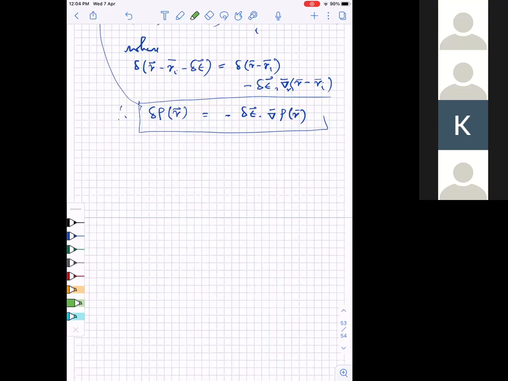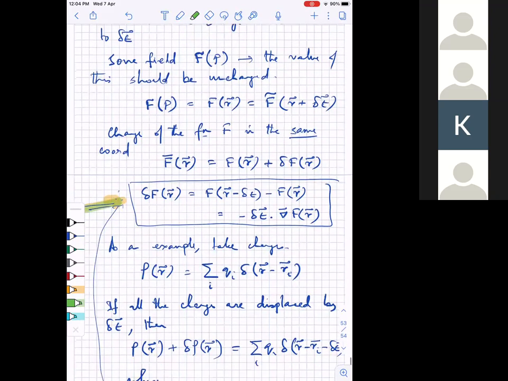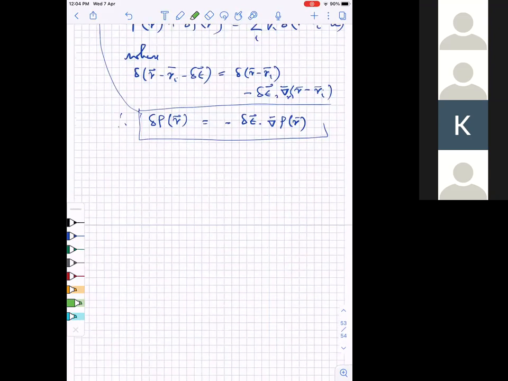Okay, let's get back to this. Now I'm going to use this transformation rule to see what happens to A when I make this transformation, and A is basically the generator of the field part. I'm not going to work out all the details.